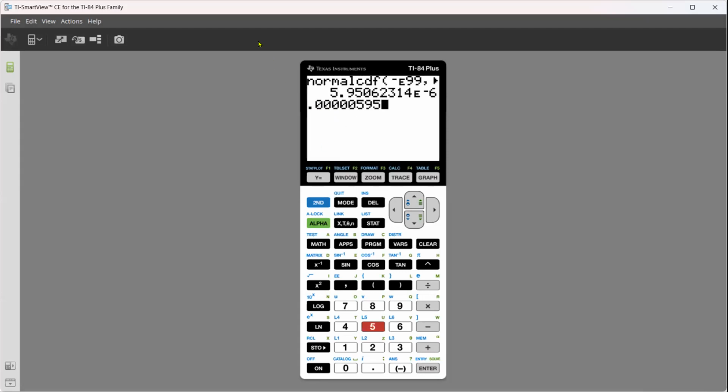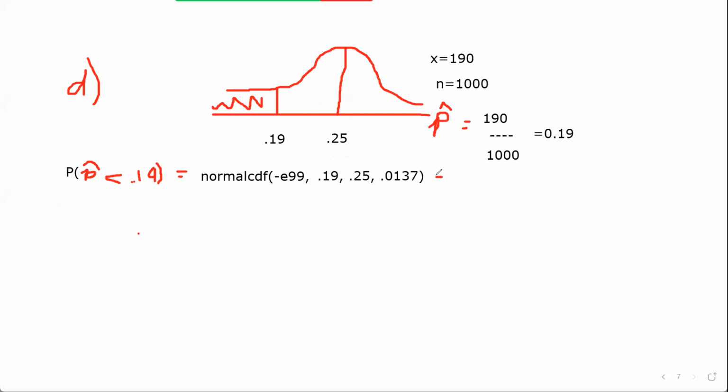So here, this is equal to 0.0000. If you round it to 4 places, it's 0%, roughly 0, because it's so small.